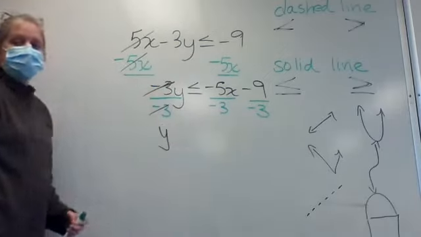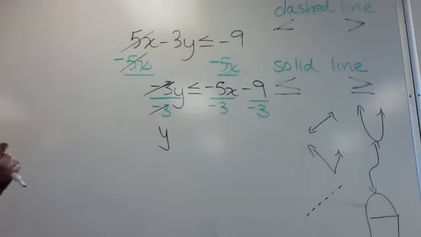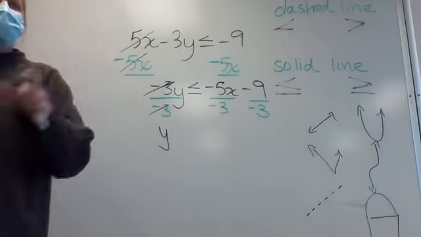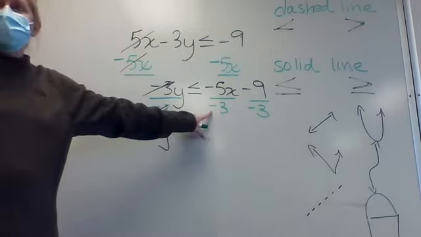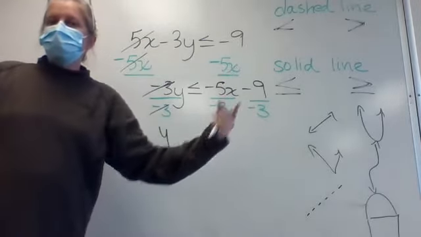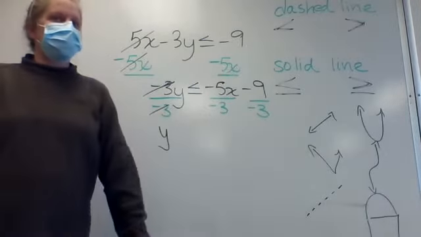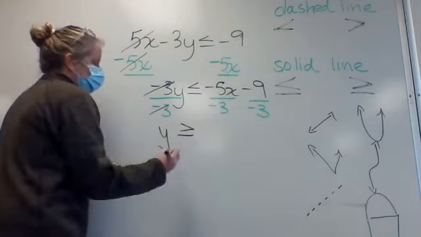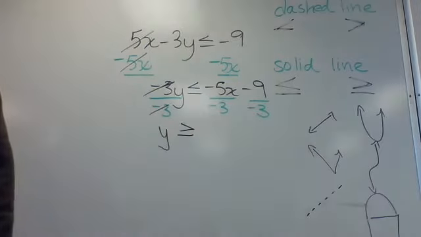So now y, here's another thing about inequalities. Anytime you divide both sides by a negative number, this symbol flips around. So it goes from less than or equal to, to greater than or equal to. And that's when you divide by a negative or multiply by it.